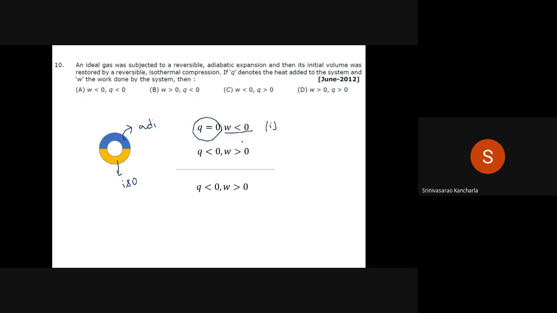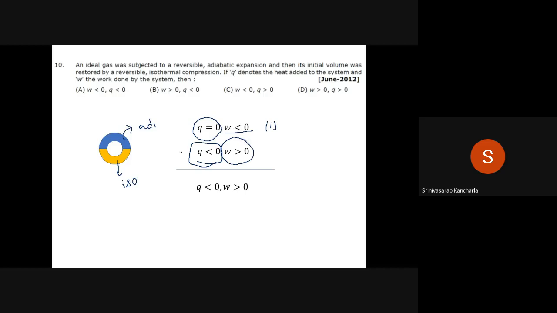Whatever is taken out from the system is negative, whatever given in is positive. Since the system is giving back heat energy, I'm considering Q negative, and work is done on the system, so work is positive.